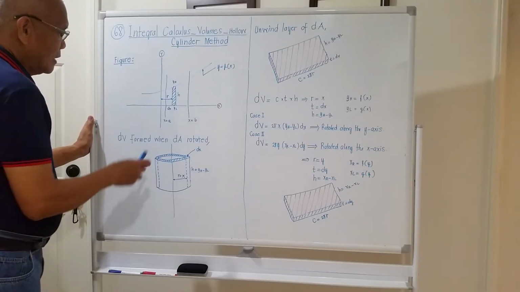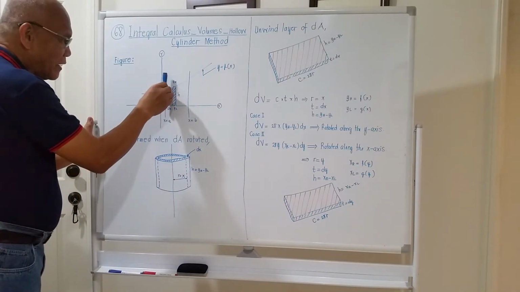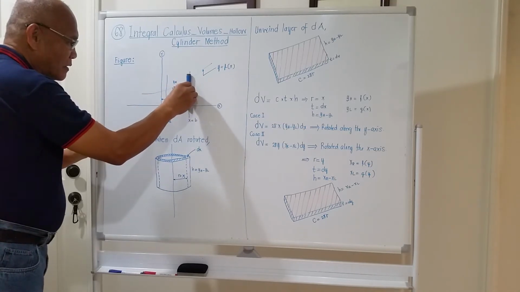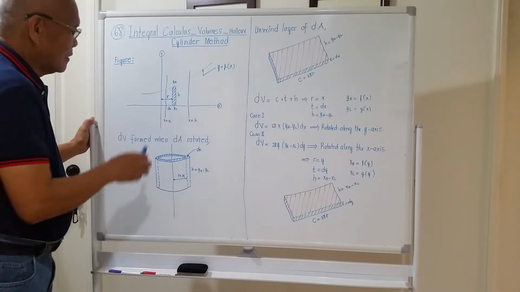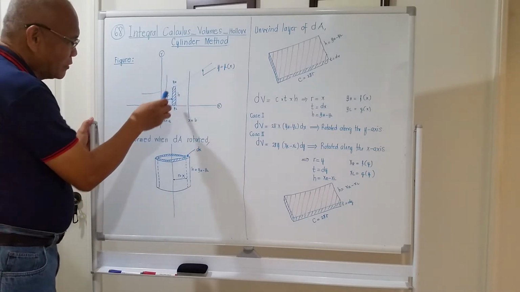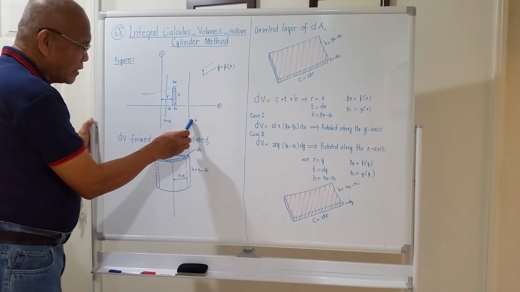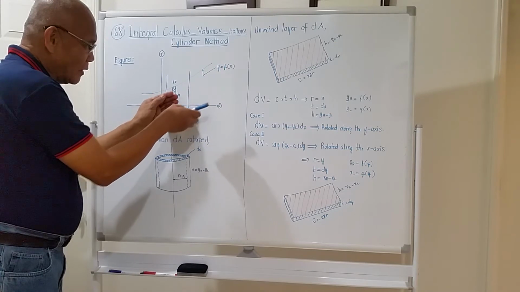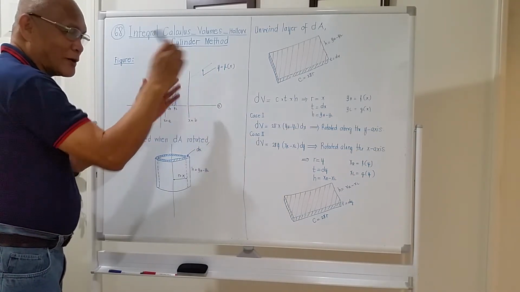Okay, I got a lower limit, I got vertical lines x equal to a, x equal to b. The problem here is that if I will try to rotate the area between x equal to a and x equal to b, this total area here, one complete revolution, okay, what will happen?